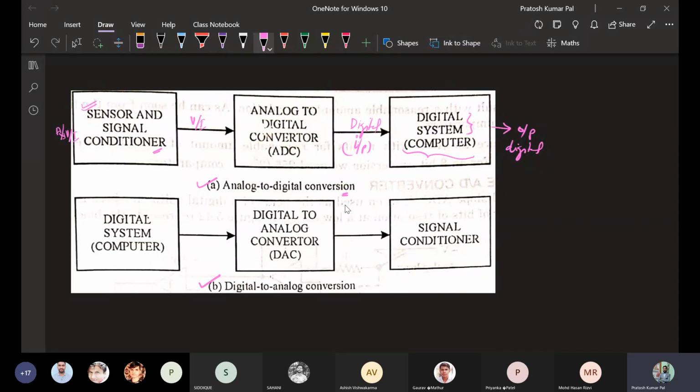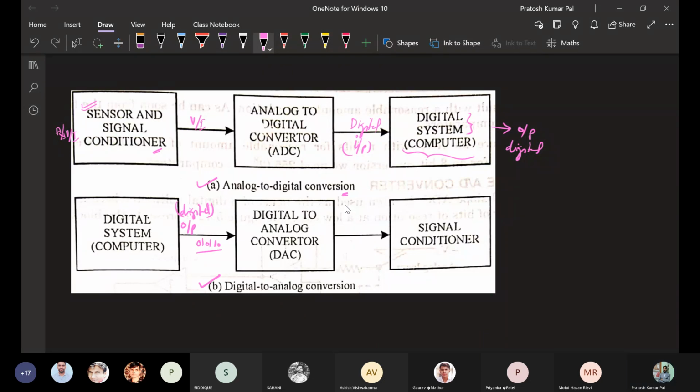In case of digital to analog conversion, a digital system is there, and its output will be a digital value. This digital value will be the input to the digital to analog converter. This digital value means it will be in the form of 0s and 1s.